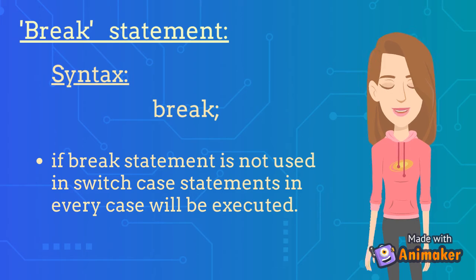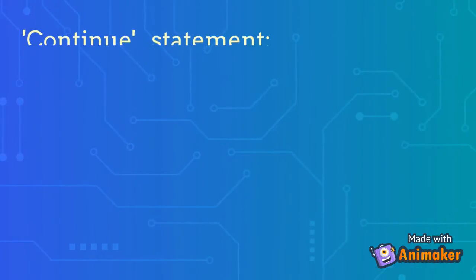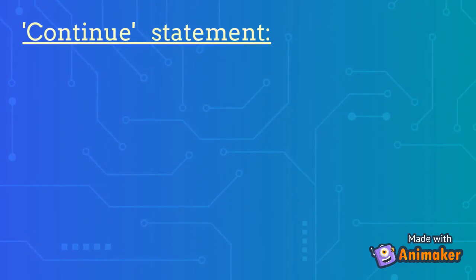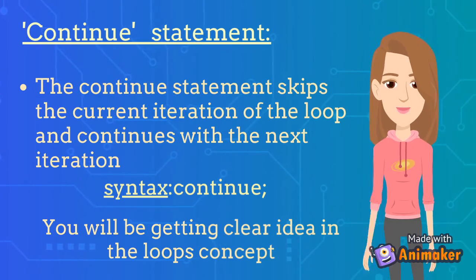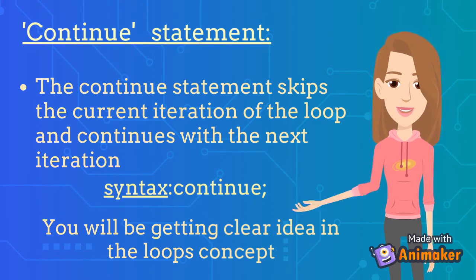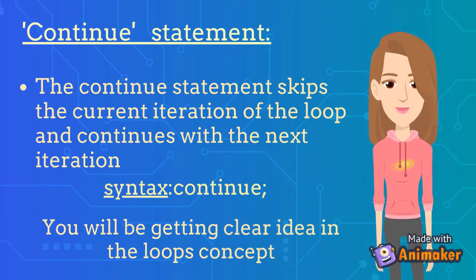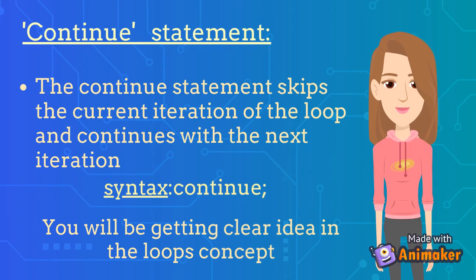And the syntax of break statement is break semicolon. Moving to the next, continue statement. The continue statement skips the current iteration of the loop and continues with the next iteration. Syntax is continue semicolon. You will get a more clear idea of break and continue statements in the loops concept.